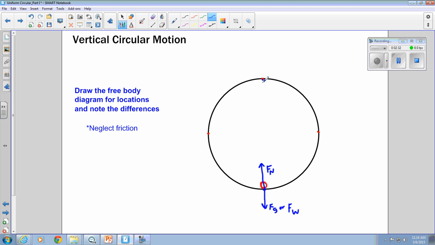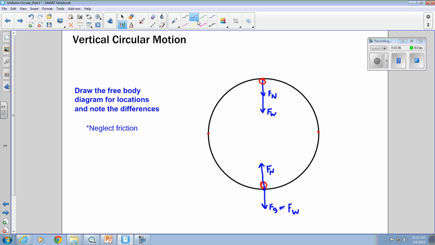At the top of the circle, we have our force normal from the surface. Remember, force normal acts perpendicular to the surface. So if you get a ball that's going in a loop, and it's at this point, the force normal is pointing downward, because the surface is pushing against the ball. And force gravity, or force weight, is also acting downward.